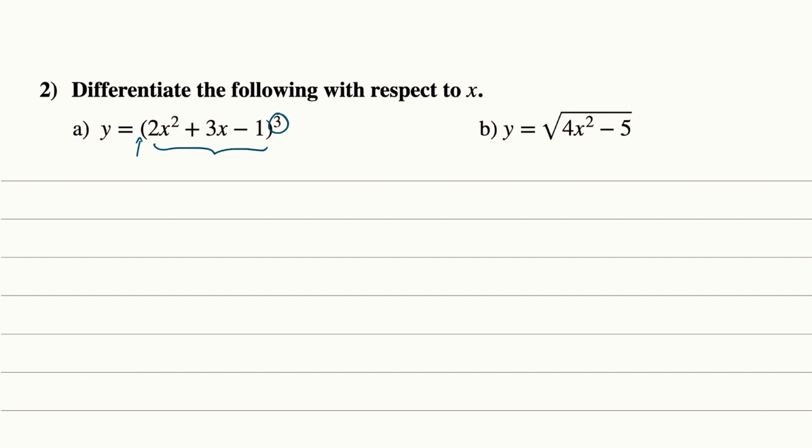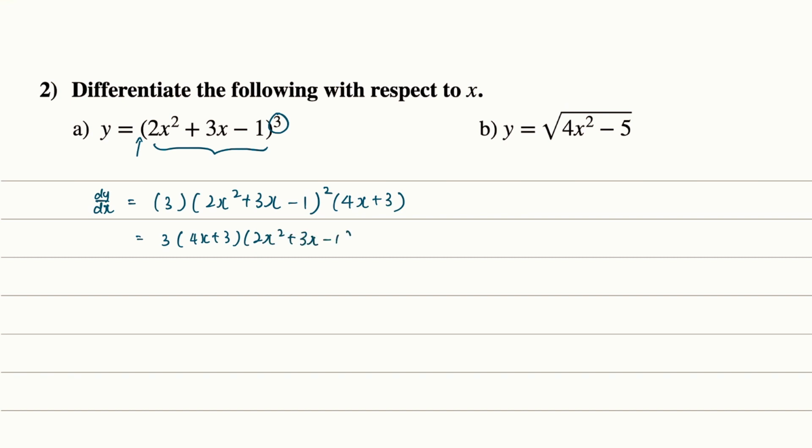Starting off, dy dx is equal to, multiply the 3 to the front of the bracket, copy down the entire expression within the bracket, which is 2x squared plus 3x minus 1, close the bracket, and take 3 minus 1, which is power 2. Finishing it off, we will need to differentiate the terms within this bracket. Therefore, it will be 4x plus 3.